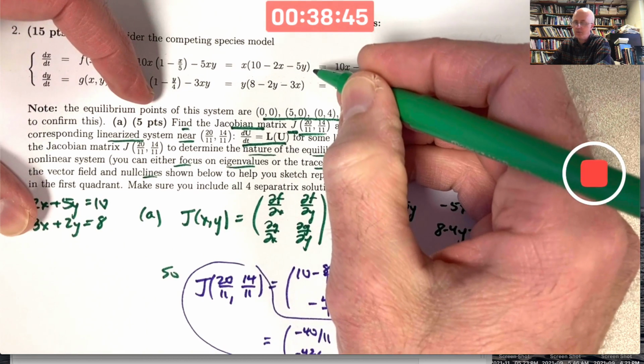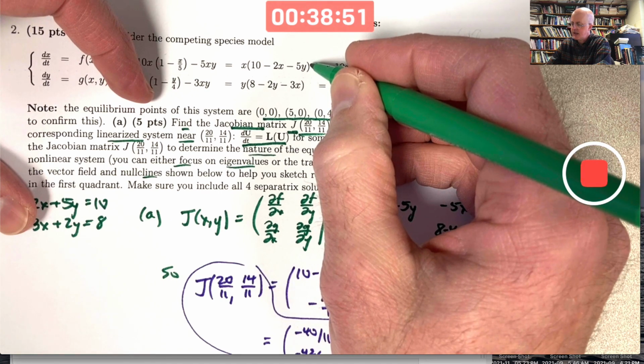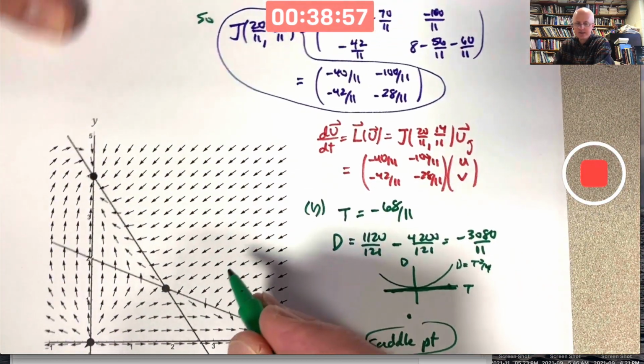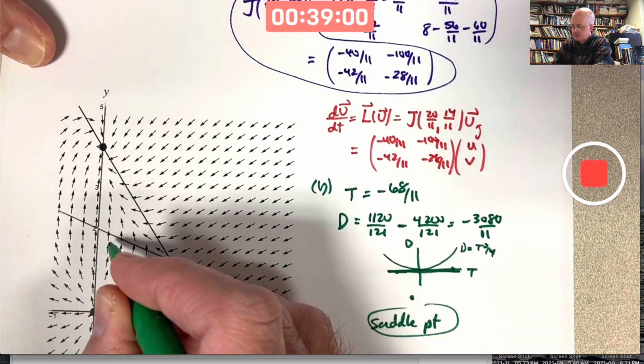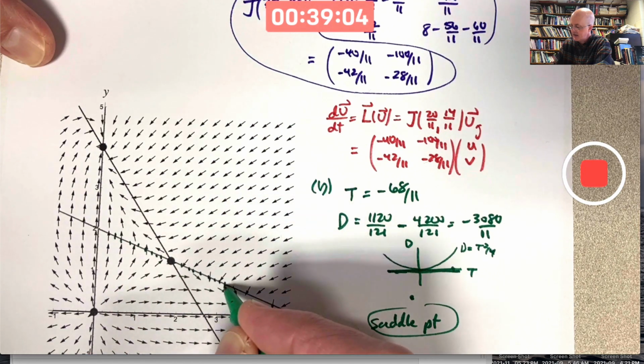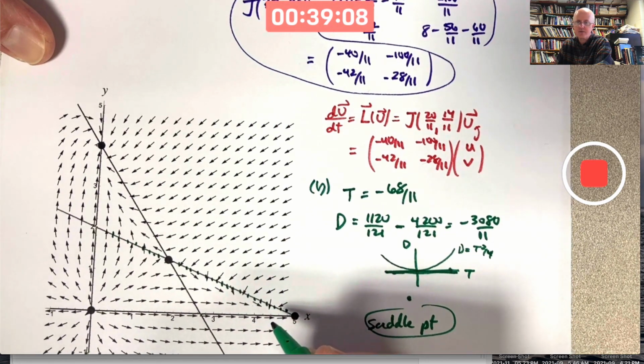Or when this is 0, which can be solved for y as a function of x to get y equals (10 minus 2x) over 5, which is 2 minus 2/5 x. That's this line here, and notice the vector field is vertical along that line. It's not a straight line solution. It's a null line. The vector field has null x component in this case.